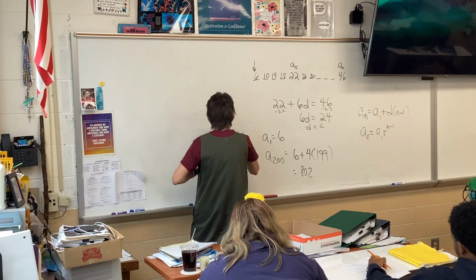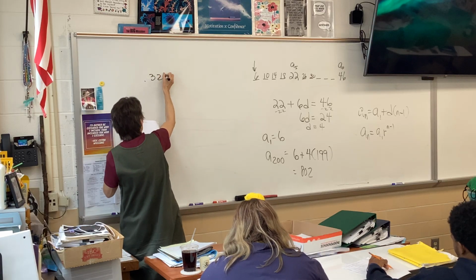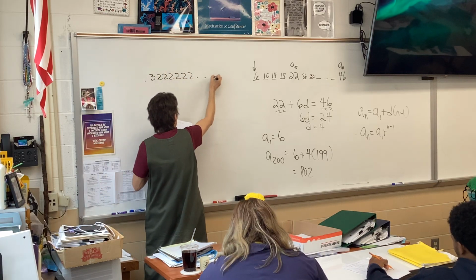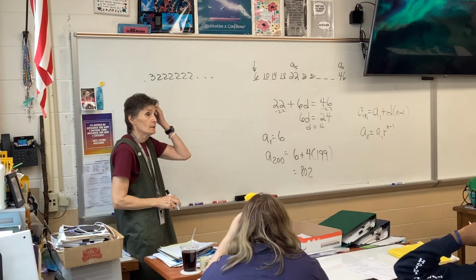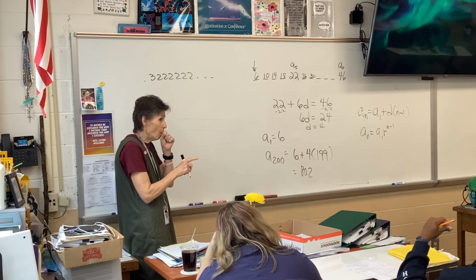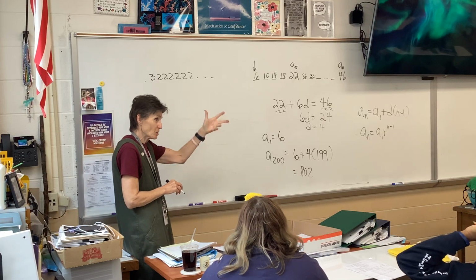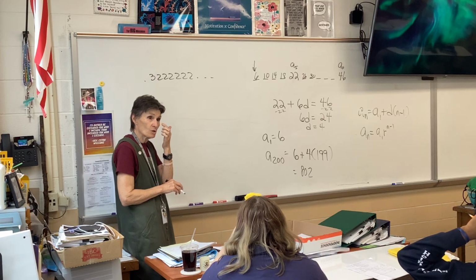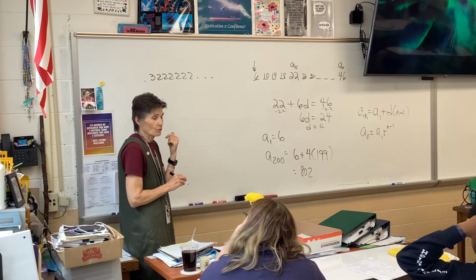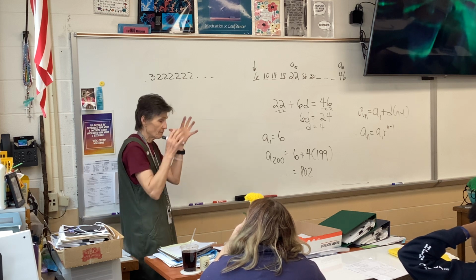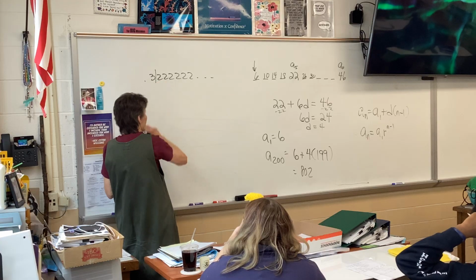So we know that 0.32222222 goes on forever, and it can be written as a fraction. We're going to have to do some special trickiness here, because notice the 3 doesn't repeat. So the 3 is not part of the summable infinite series. So we're going to have to split that 3 off.